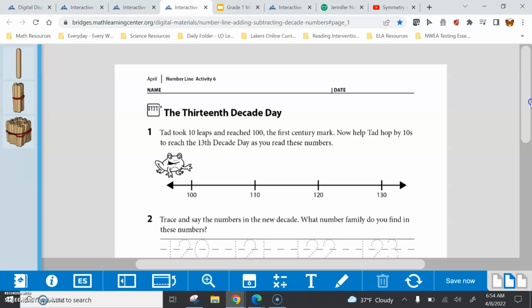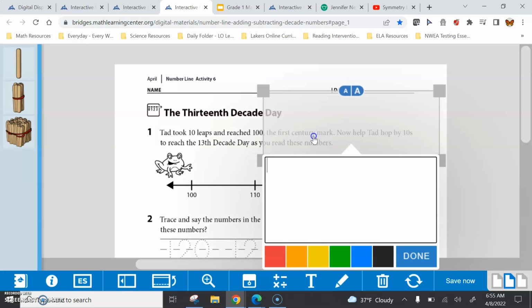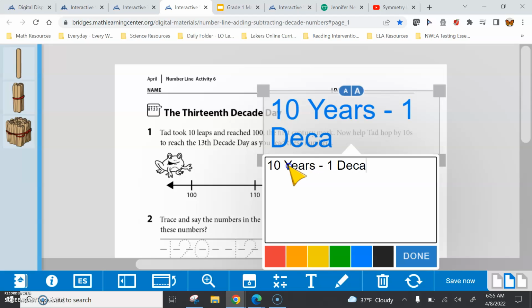So that's where that word century comes from. Now help Tad hop by tens to reach the 13th decade as you read these numbers. And remember, a group of 10 years, and I'll put this on here so you remember this. 10 years is equal to 1 decade.